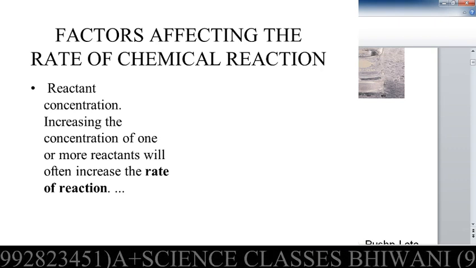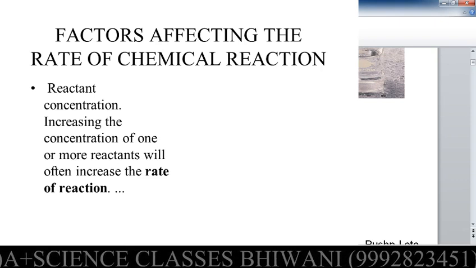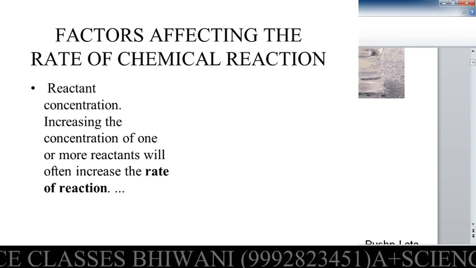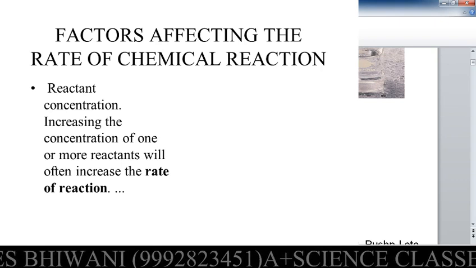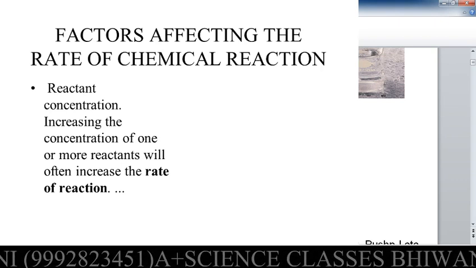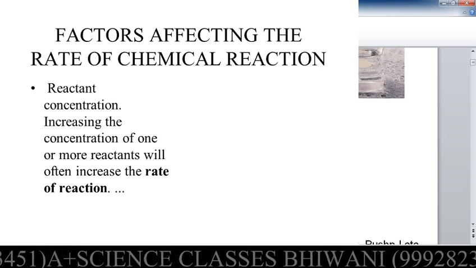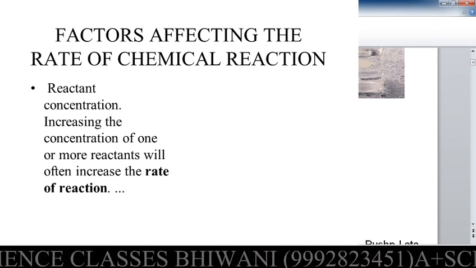Is it clear? So we can say that whenever the concentration of the reactants increases, the rate of reaction increases, and when the concentration of the reactants decreases, the rate of reaction decreases. Why does it occur? Because as we increase the concentration of the reactants, more and more particles are involved in the reaction.